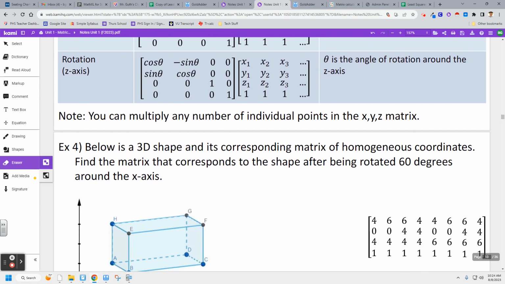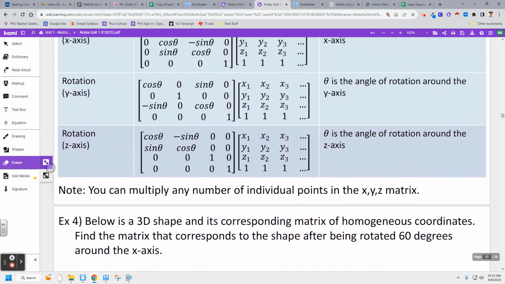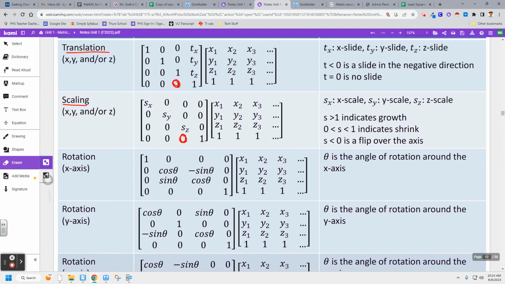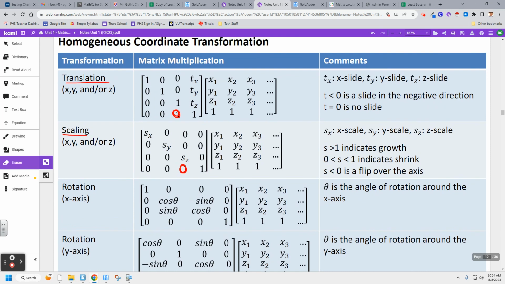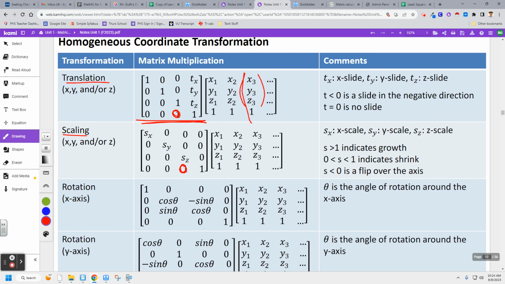Note, you can multiply any number of individual points in the XYZ matrix. What that means is you don't necessarily have to multiply every point. Maybe you just want to move 1 point, okay? And if you wanted to just move 1 point, then you would multiply your translation matrix times that 1 point, okay?